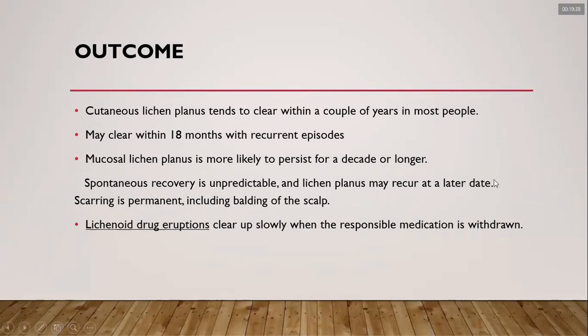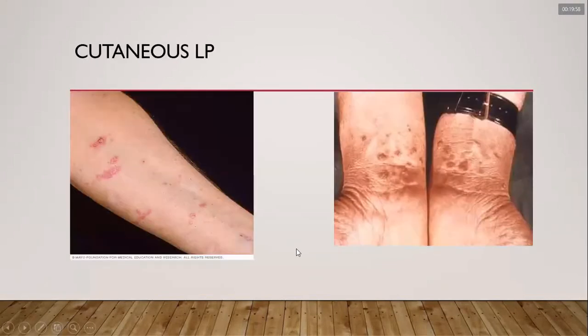Lichen planus may recur even at a later date after a long pause. Scarring is generally permanent in the scalp, leading to balding or cicatricial alopecia. Lichenoid drug eruptions generally clear up slowly when the responsible medication is diagnosed properly and withdrawn from the patient.